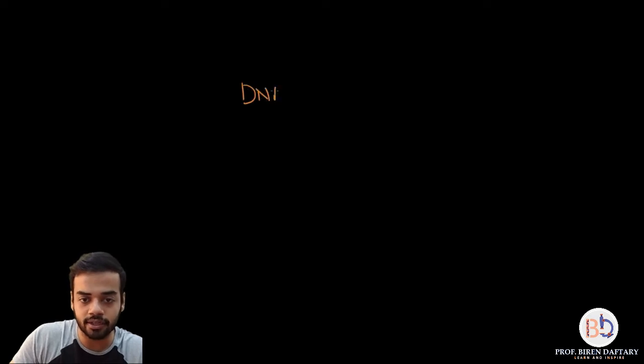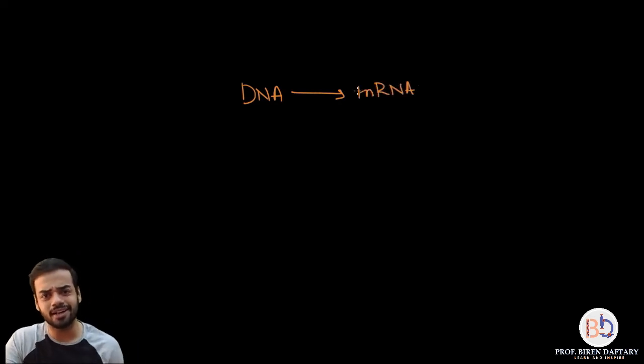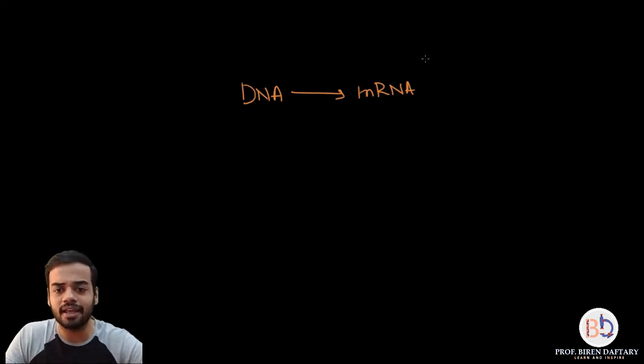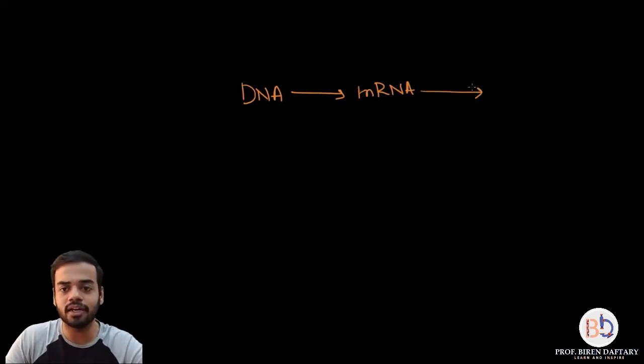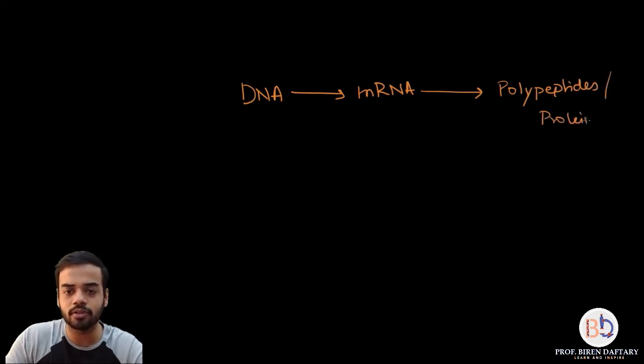So the summarization of protein synthesis can be written like this: you have got DNA, you are constructing an mRNA from that DNA, you can also construct an rRNA or tRNA, and from that mRNA you are forming polypeptide, and polypeptides will form protein. So I'm writing that down over here.